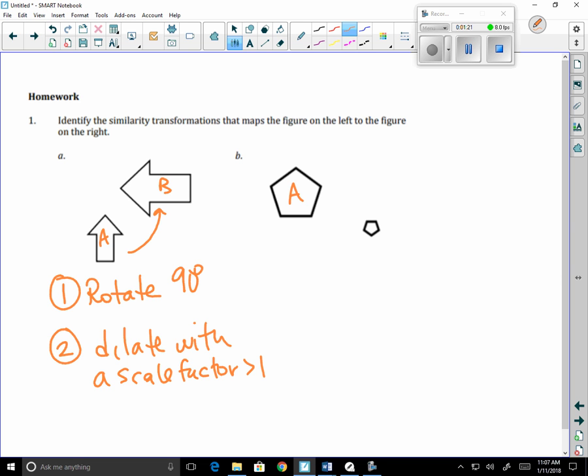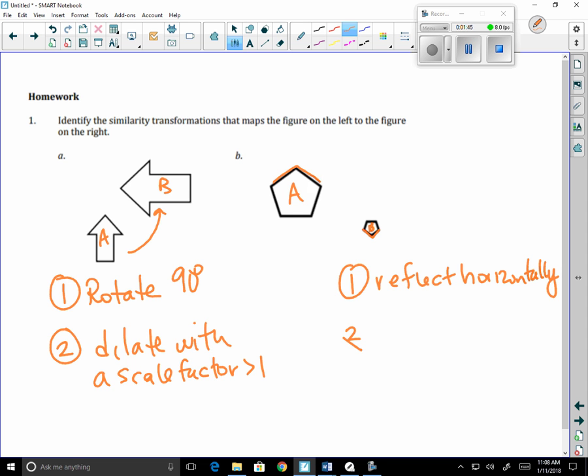For part B, I have the big pentagon becoming the small pentagon. Notice the top of the pentagon is upside down. So I'm first going to reflect horizontally, or rotate 180, either way.